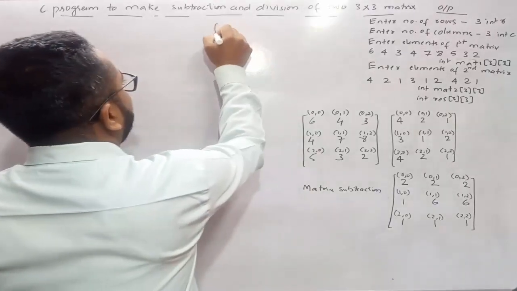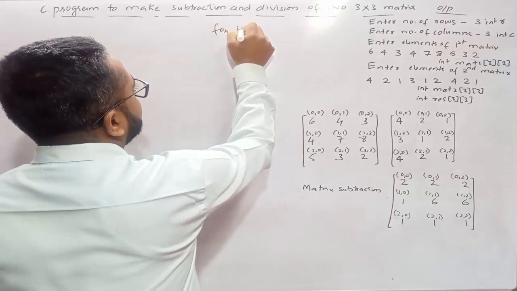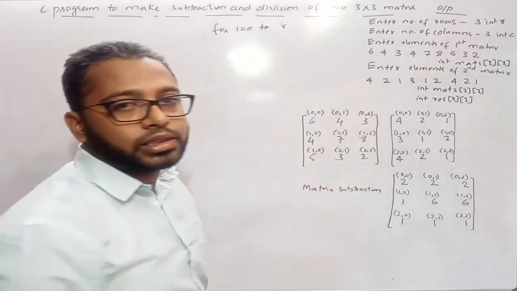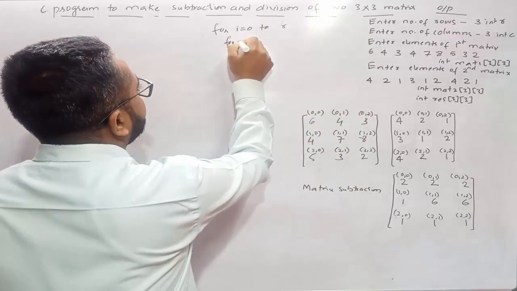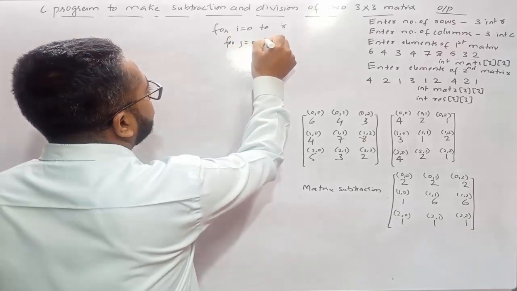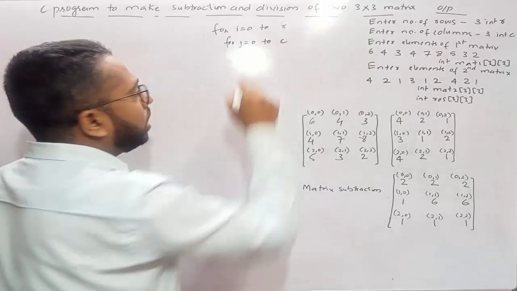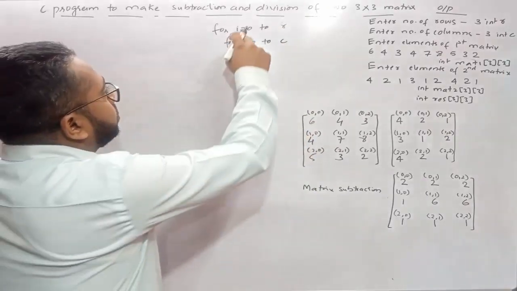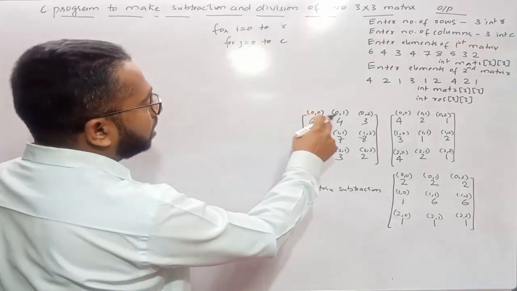The first for loop starts from i equals 0 to rows. The row value is 3. Then the second for loop, j, again starts from 0 to columns, and the column value is 3. So i is 0, j is 0, means 0 comma 0.